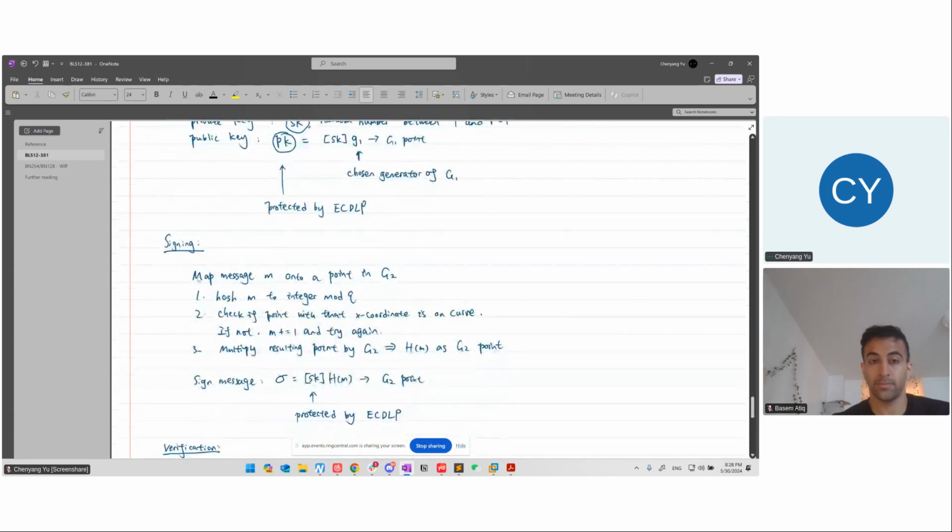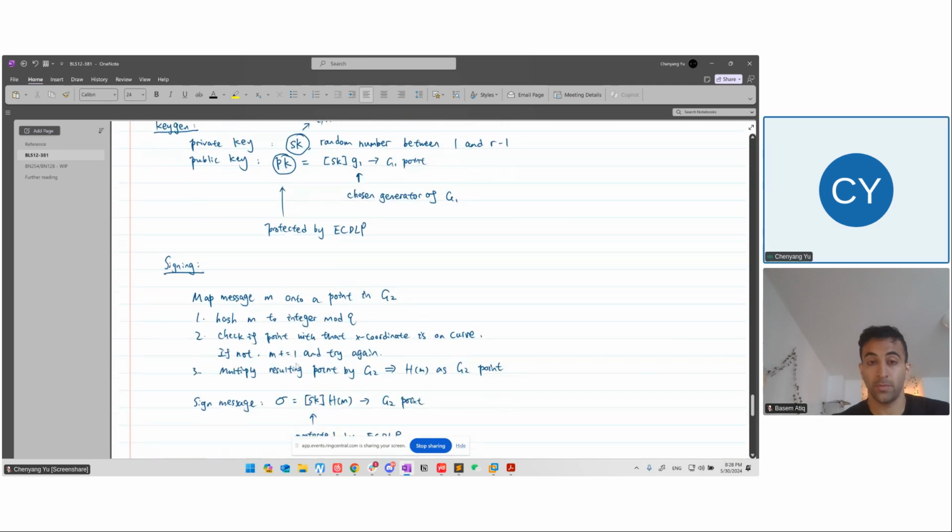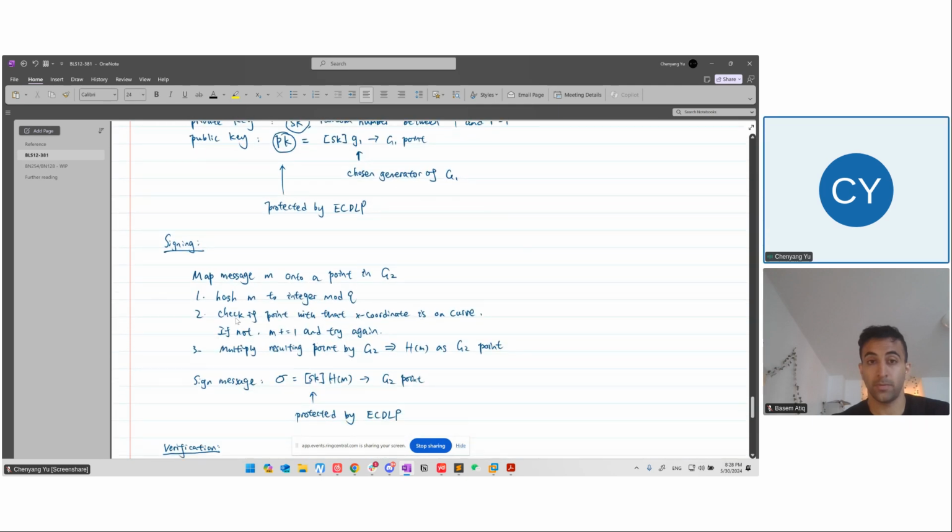So in the sending phase, first we have to map a message M. This is our secret message. We have to hash it to a point on G2. So how is that hash done? First you hash it, very likely you should choose something like a zk-friendly hash.